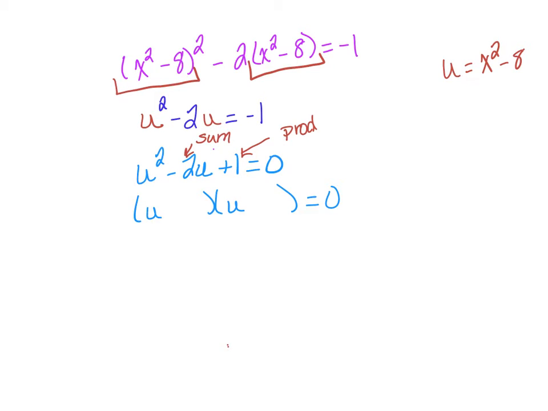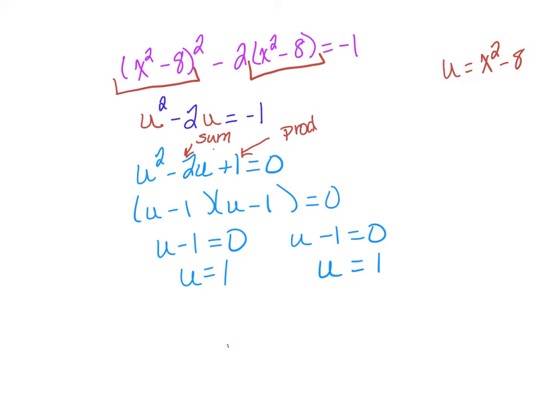The numbers that multiply to give positive 1 and add to give negative 2 are u - 1 and u - 1. So when we solve this, in both situations, we end up with our u value equal to positive 1.